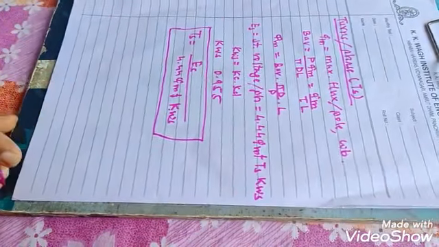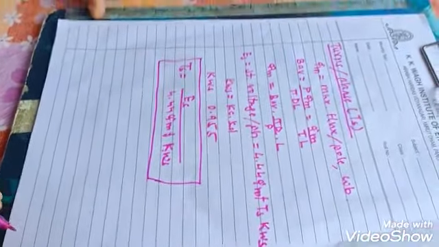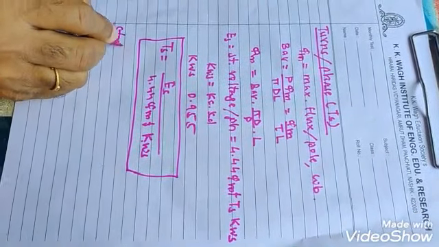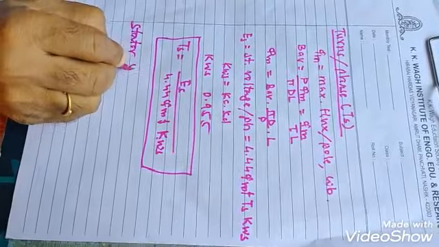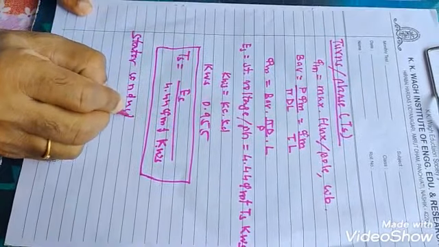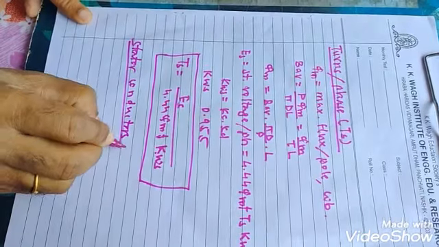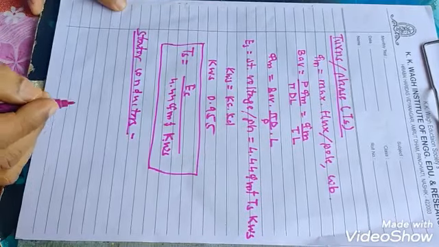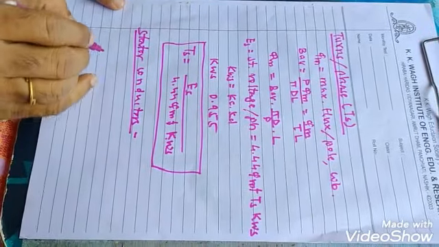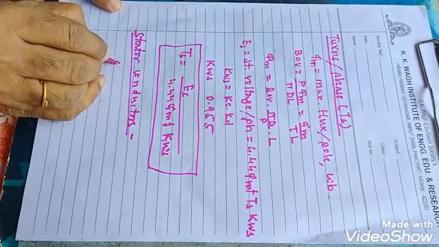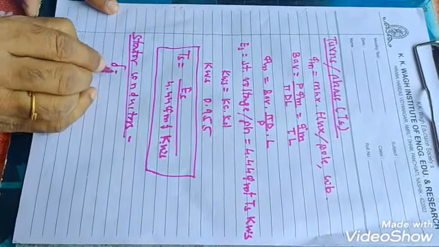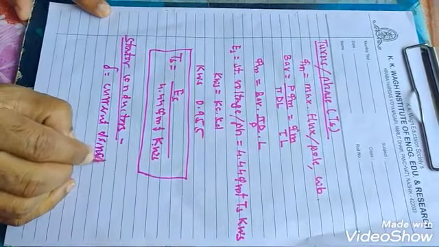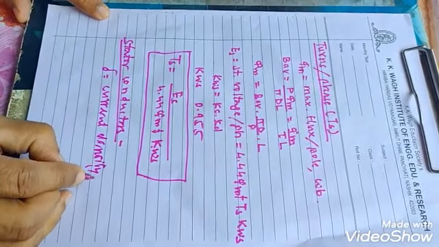Now going for calculation of size of each stator conductor. To calculate the size of conductors, we have to assume current density. Current density is generally denoted by delta, in ampere per mm square.